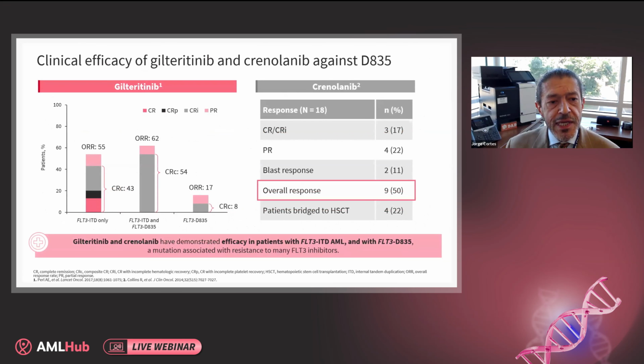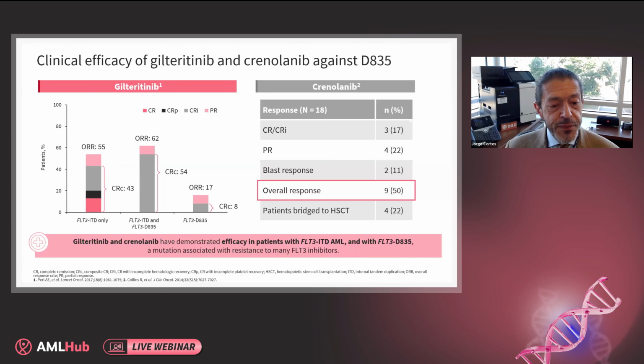What's interesting is that with two different type 1 inhibitors, gilteritinib and one that's still investigational, crenolanib, you see the results of patients that have DA35. And as you can see, when DA35 is present alone, the response rate is low, 17% overall response rate with gilteritinib, 17% CR/CRi for crenolanib.